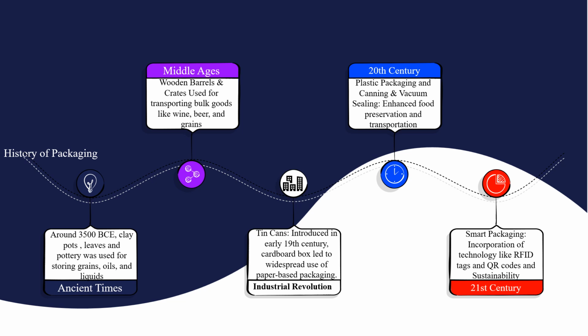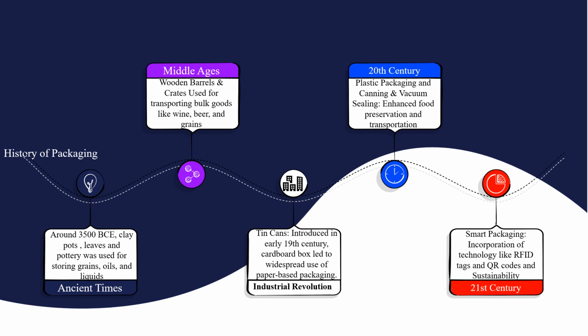In the 19th century, tin cans were introduced, and the widespread use of cardboard boxes followed, and paper-based packaging was also introduced in the Industrial Revolution. From this Industrial Revolution, many more new ideas emerged in the packaging industry.